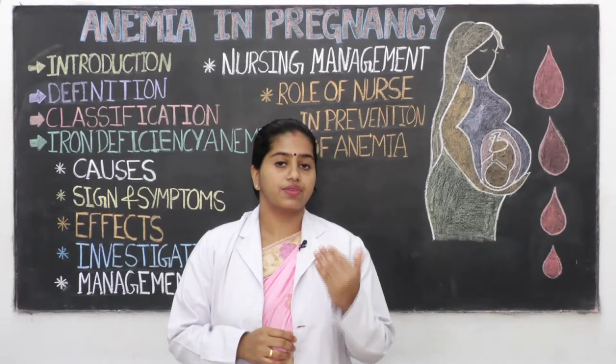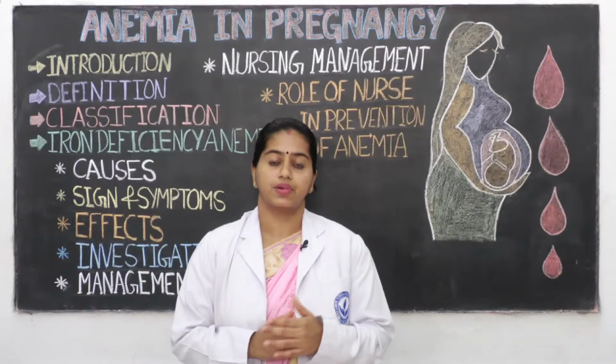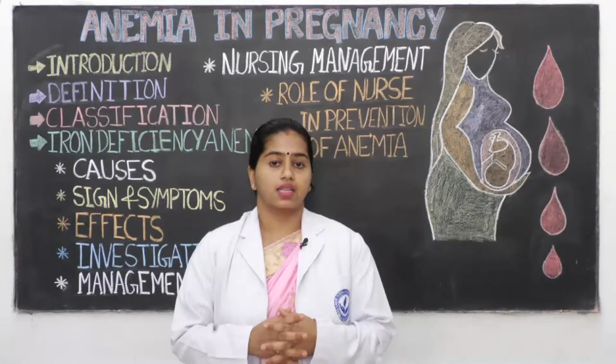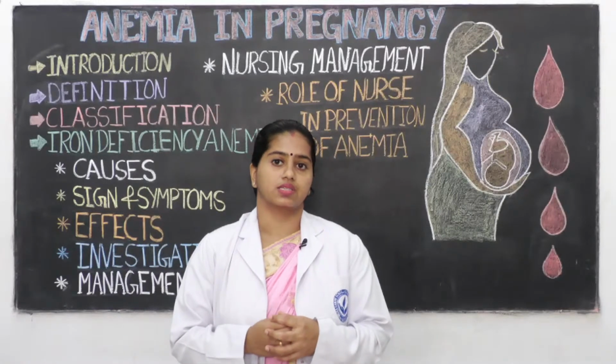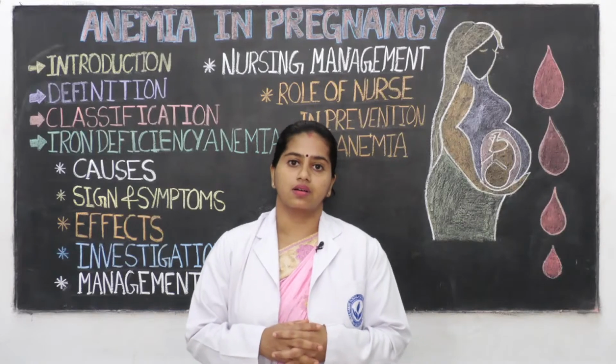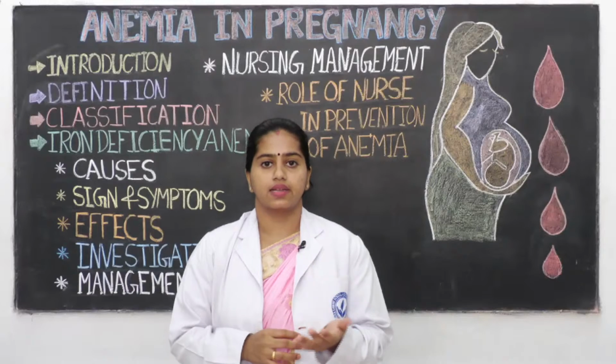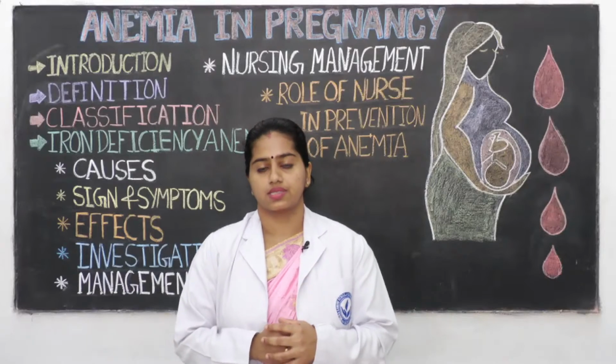Next, if it is a severe type of anemia, less than 7 gram percentage, 4 or 5, and the mother has associated complications, many symptoms, the doctor can advise blood transfusion for the woman. They can decide according to the gestational week.